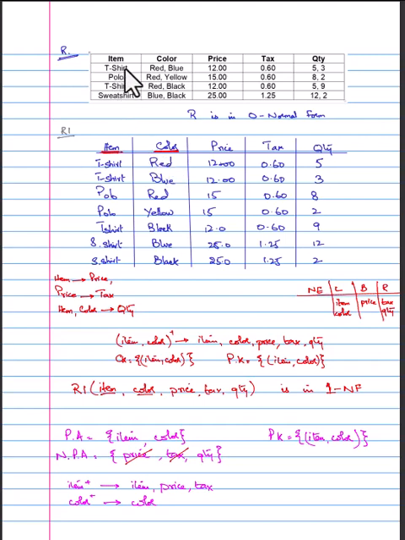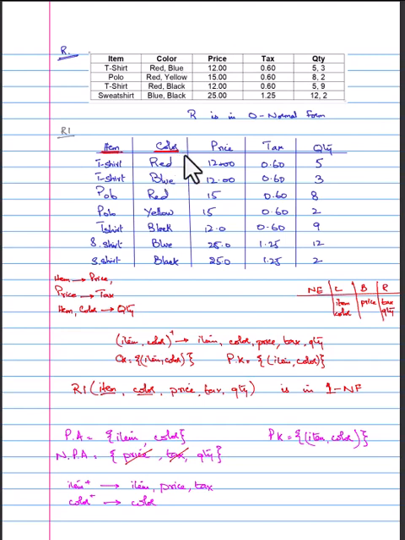So for t-shirt, we have now taken the two rows which contain the color red as well as blue. The rest of the values are the same. For example, for red the price, tax and quantity are the same, which is this 5, 3: 5 is the quantity for red and 3 is the quantity for blue.